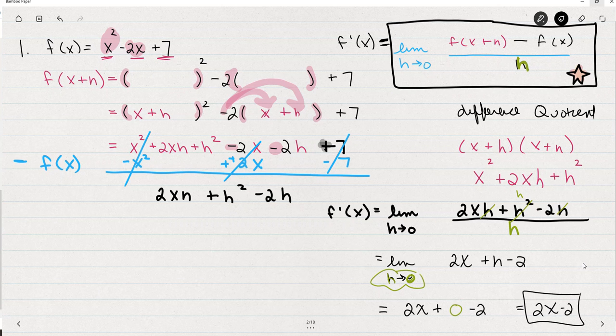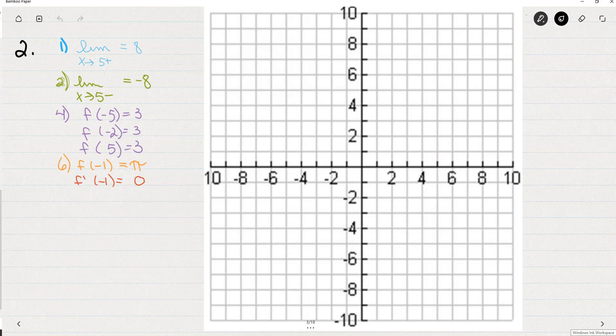Now you may know how to do a derivative with the power rule, and we could see that it's 2x minus 2: 2 times 1, and then x to the 2 minus 1, and then negative 2 times 1 times x to the 0 would give us the 2x minus 2 using the power rule also. So I could use that to check the answer, but if the directions specify to use the difference quotient to find the derivative, then we would want to use this whole piece.